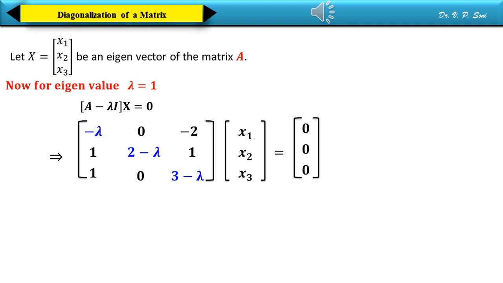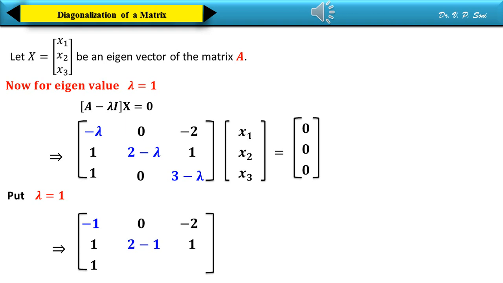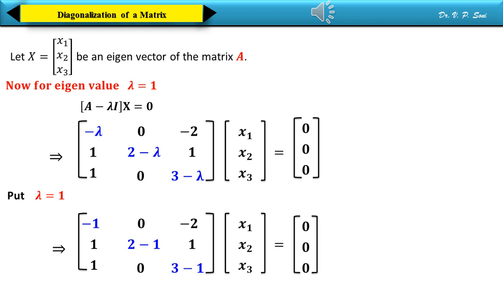Now put lambda equal to 1, then we get matrix whose first row minus 1, 0, minus 2, second row 1, 2 minus 1, 1, third row 1, 0, 3 minus 1, into column matrix x1, x2, x3 equal to column matrix 0, 0, 0.